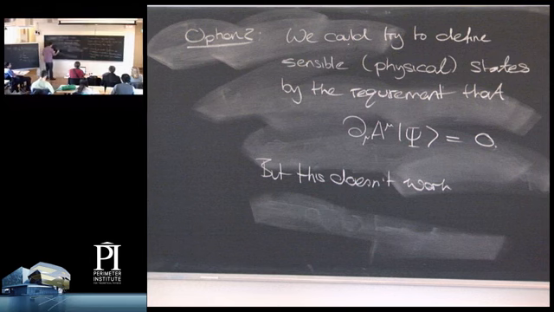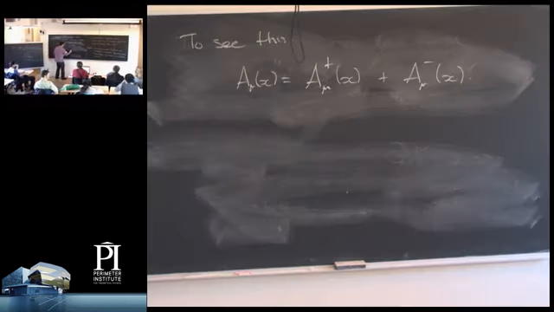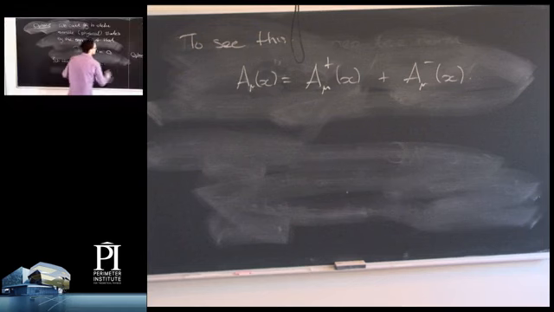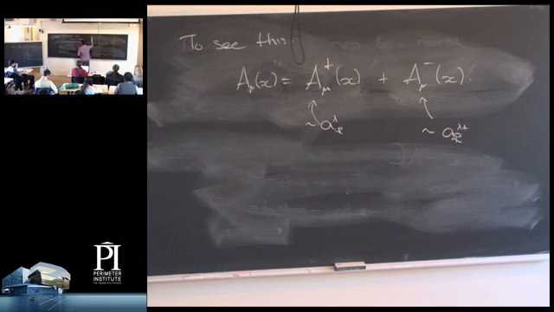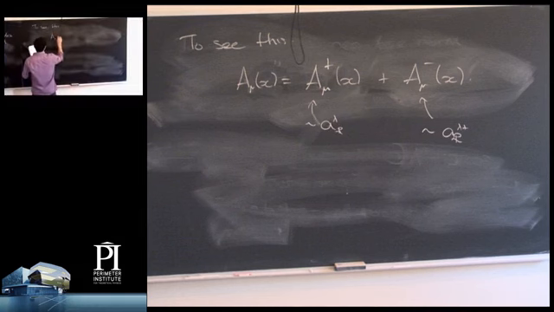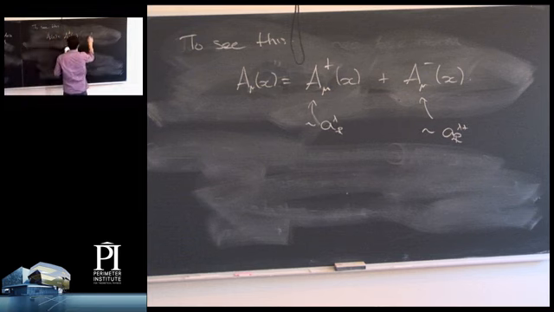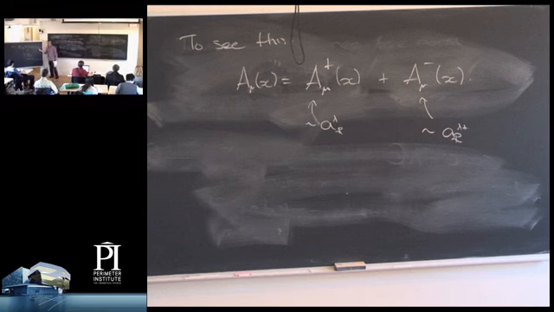So, this doesn't work. And to see this, it's going to just save me a lot of writing if I just define this, where A plus is the first guy and A minus is the second.